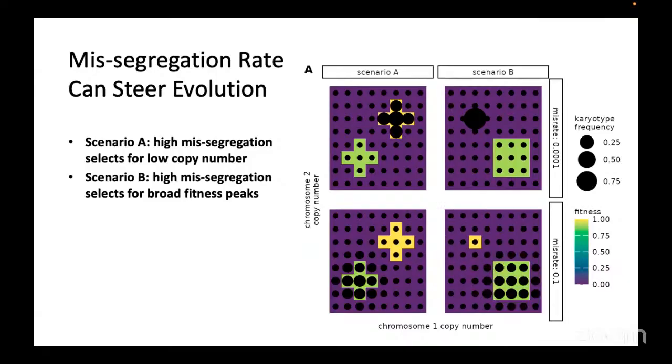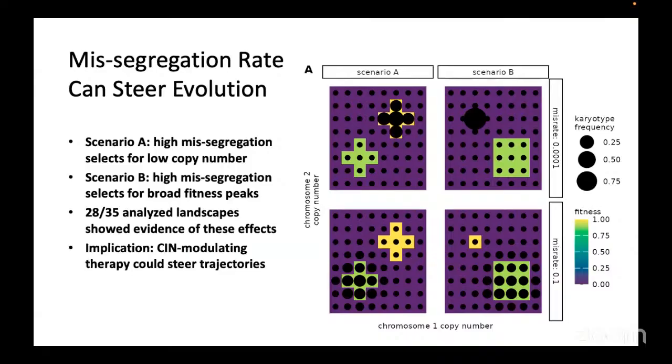But as you bump up the missegregation rate, you can see that the population spreads to this broader fitness peak. And when we analyzed our landscapes to look for these effects, 28 out of 35 of the landscapes showed some evidence of these effects. So that implies that therapies that modulate chromosomal instability might be able to help us steer evolution of these karyotype populations.